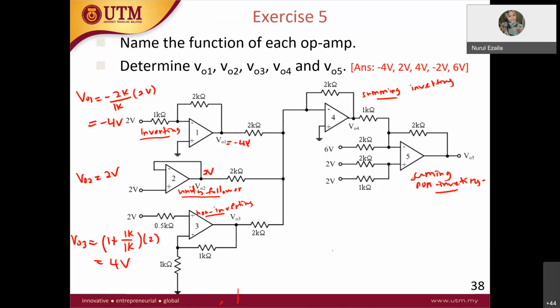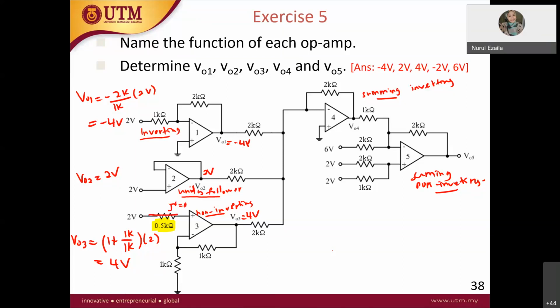Just a simple question: what happened to this 0.5K? Why didn't we take it into consideration? Short circuit, yes, correct. Why short circuit? The current here is 0. So this is short.